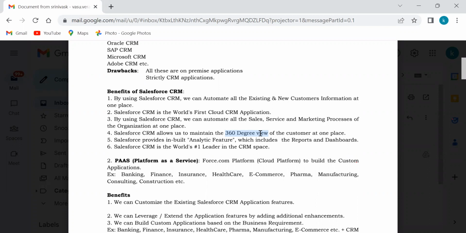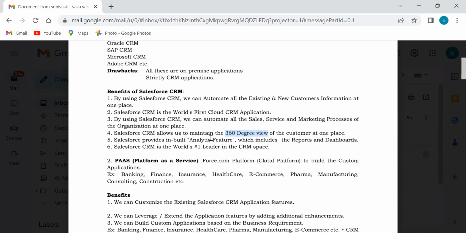And opportunity details means how much revenue he has generated with us, how much business he has done with us. So we are storing this entire information at one place, which is called the 360-degree view of the customer. Because we are storing entire contact details, basic details, and opportunity details at one place, we call it the 360-degree view feature in Salesforce.